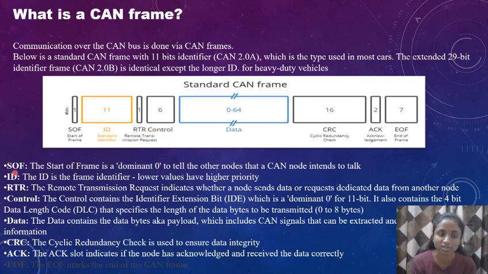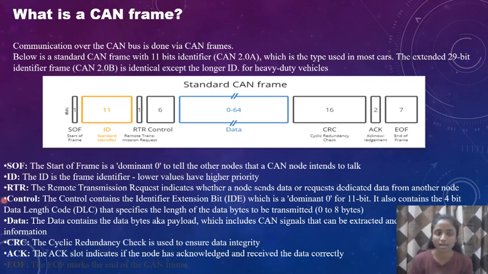Here first SOF, that is the start of frame. The start of frame is a dominant 0 to tell other nodes that the CAN node intends to talk. Next ID. The ID is the frame identifier. Lower values have a higher priority. Next is RTR, that is the remote transmission request, which indicates whether a node sends data or requests dedicated data from another node.